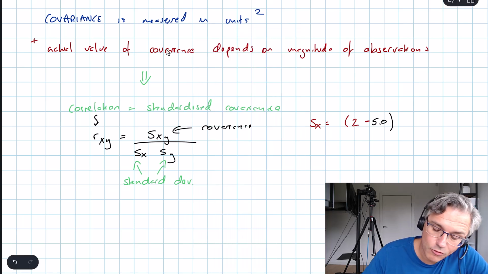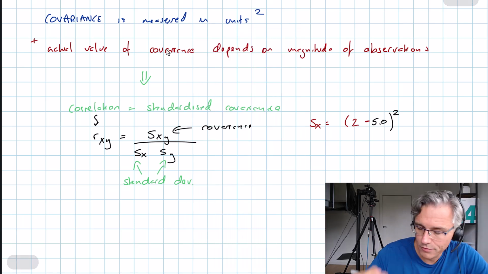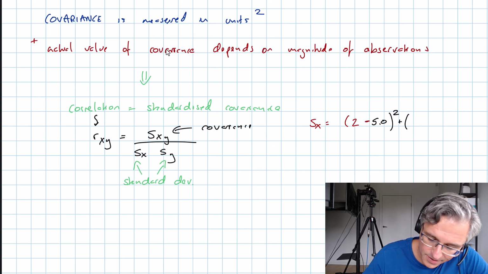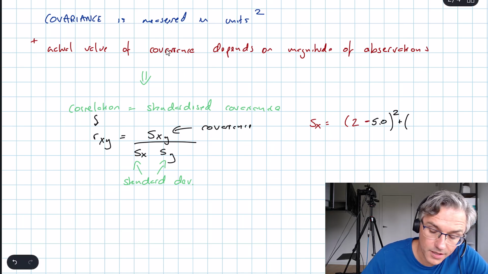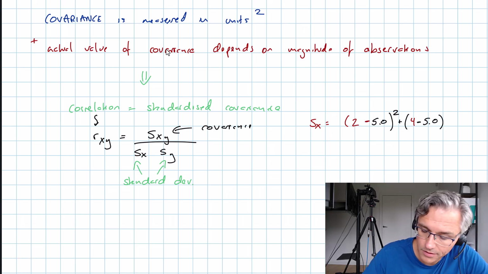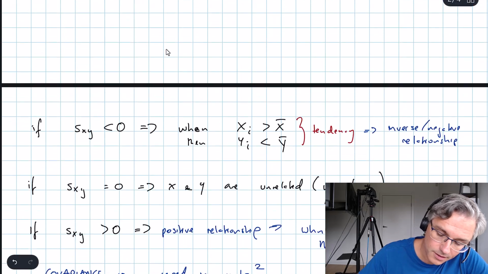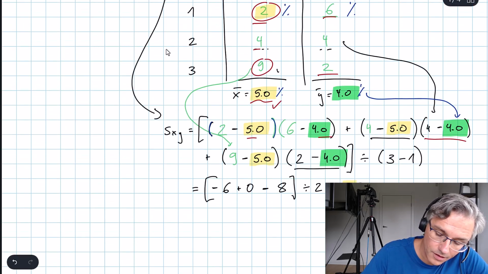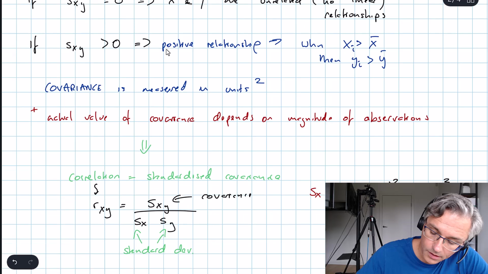And I square this, remember? From previous videos you have to square. In a second bracket you're going to take the next value for x, which was a 4, and still deduct the same mean x bar, square it. And do the same for the third one. That was 9.